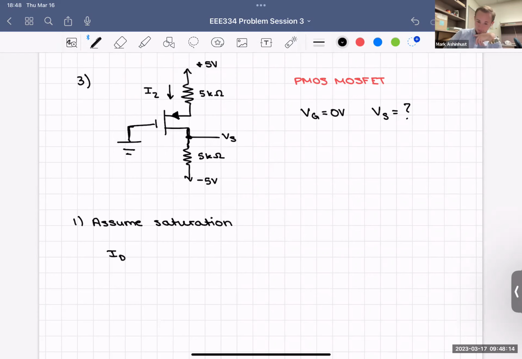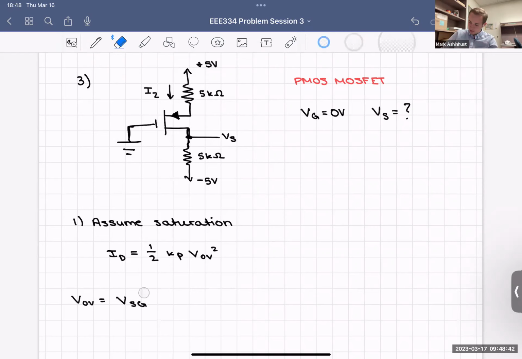So by assuming saturation, we have our current equation. We need to know ID. Well, the ID equation doesn't really change. It's 1/2, and instead of Kn, we have Kp, and we have VOV squared. In these equations, what's really going to change is we're going to toss in an absolute value, but very nice, we were given the absolute value of VT. So we've already got that set, and we can solve for VOV here. Where VOV is going to be voltage source to gate, not gate to source.